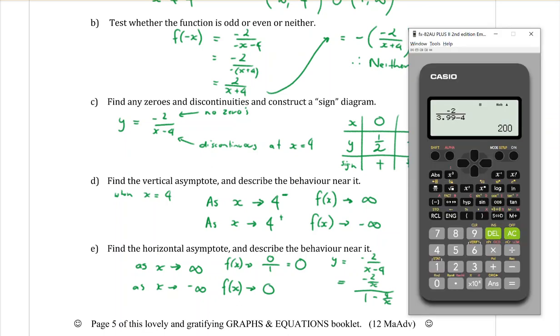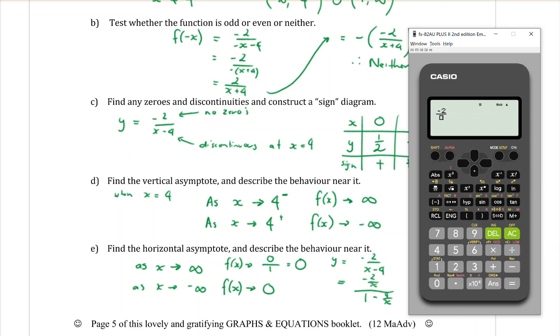If I want to know if my graph is going to be slightly above or below that asymptote that I've just found, I sub in a value. So for my fraction, which is -2 on the top, I'm just putting this into the x minus 4 on the bottom.